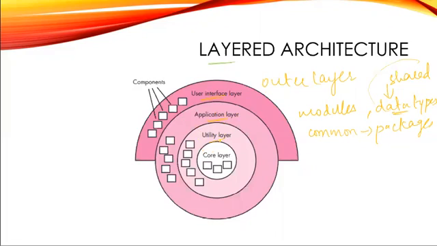This core layer is going to perform operating system interfacing. That is, all the OS tasks are done at the core layer. Memory allocation and memory deallocation are done at the OS interfacing layer.